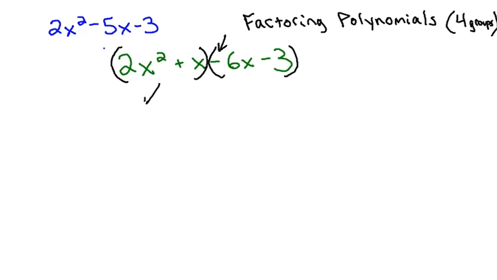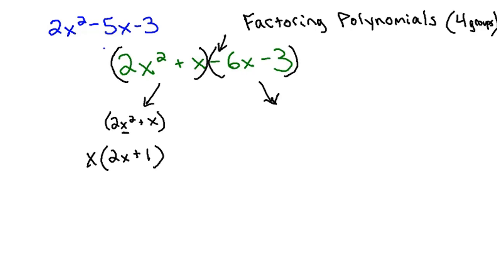And then we're going to factor these out each individually. So if we factor 2x squared plus x, what you can pull out of there is an x. You can't pull anything else out, but you can pull an x out. So we put an x outside of the parentheses, and that leaves us with 2x plus 1.